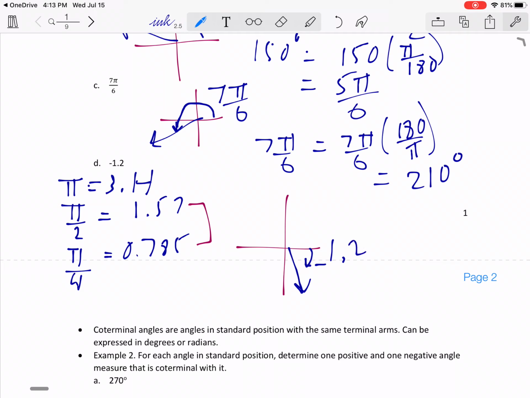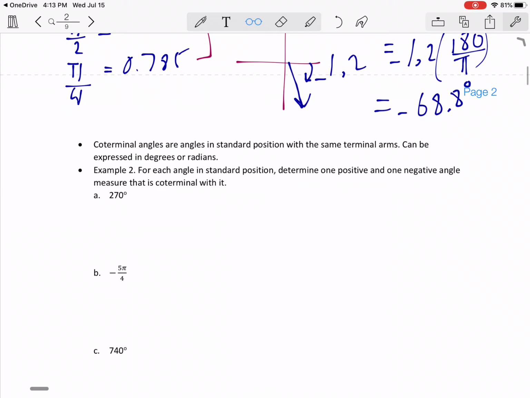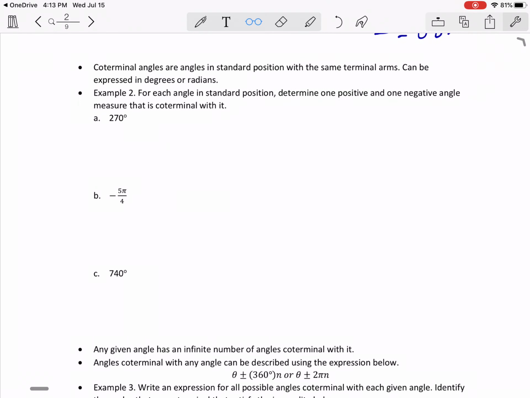That's going to equal negative 1.2 times 180 over pi, which equals negative 68.8 degrees. You should be familiar with the quadrants and know where what we call the terminal arm, where you end off, is going to be.